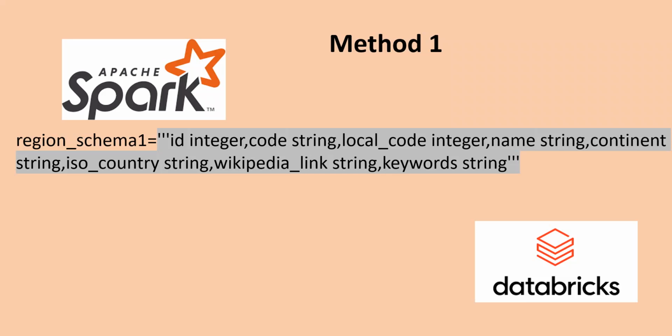Similarly, there is another column which is code, and the data type is string. So the schema I have defined contains string as well as integer fields. Maybe in your case it may be different. Maybe you have float, decimal, or any other value, so according to that you have to define the data type. So that is method one.